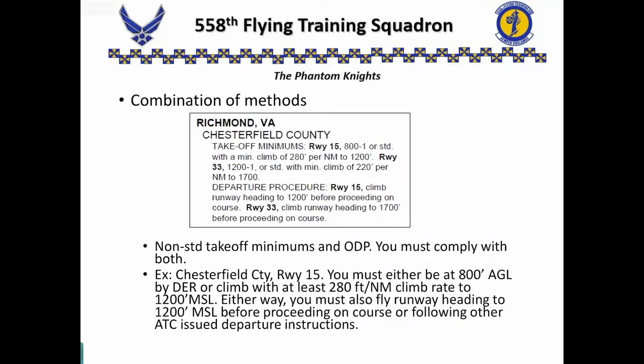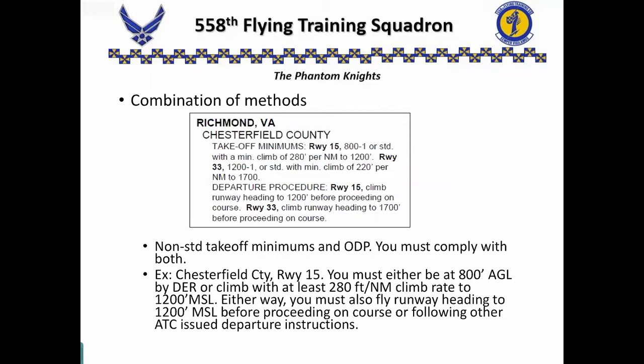For us, that means we have to be at 800 feet above the departure end of the runway. Or our other option is we use our standard 11-202 Vol 3 weather minimums for takeoff, but we are required then to climb at a rate of 280 feet per nautical mile till we get to 1,200 feet.